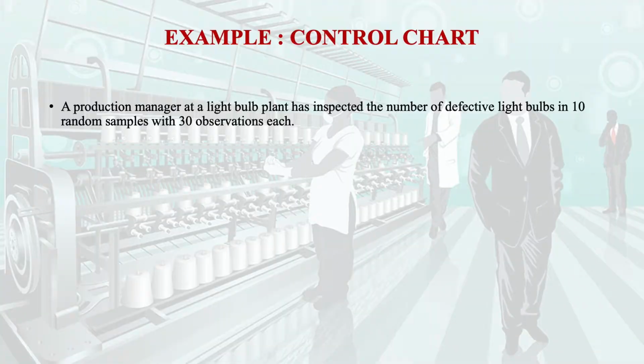Now we will give you a simple example of the control chart. We have discussed drawing of control charts in session 3. Now with the help of an example, we will try to draw the control chart. This example says a production manager at a light bulb plant has inspected the number of defective light bulbs in 10 random samples with 30 observations each.